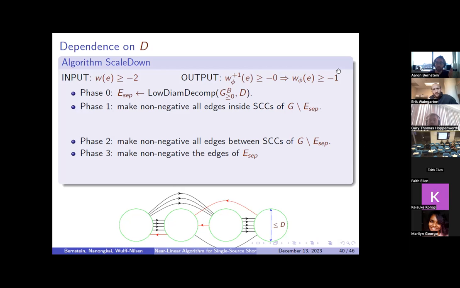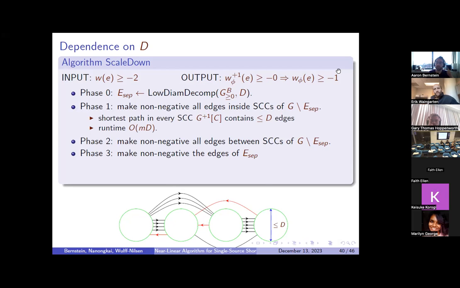So phase 1 wants the diameter to be small, right? Because if the diameter is small, then we prove this strong claim, which is that if in the original graph you have a component with small diameter, then in G+1, the shortest paths in that component will have at most d edges. And so the smaller d is the better for us. And so the runtime ends up being something like MD.